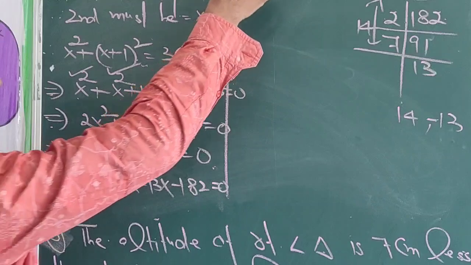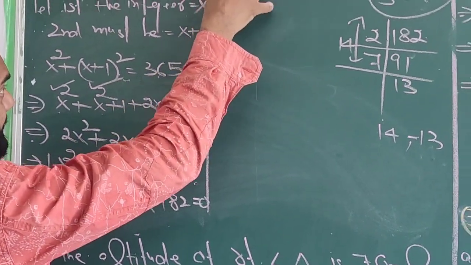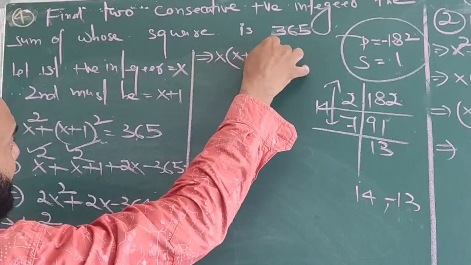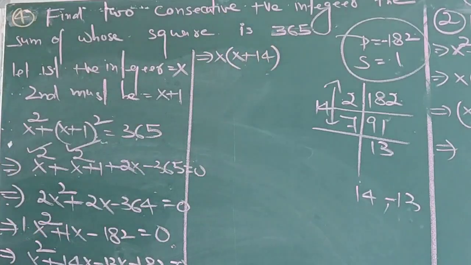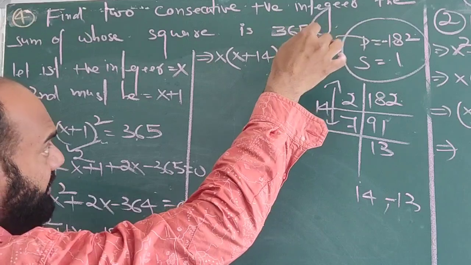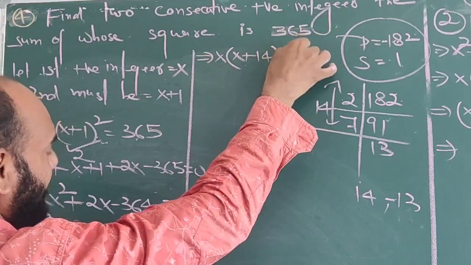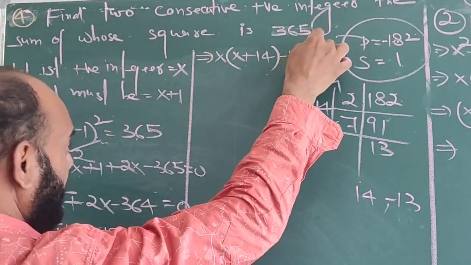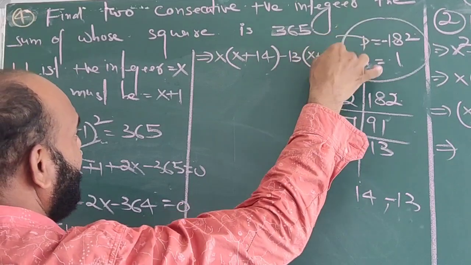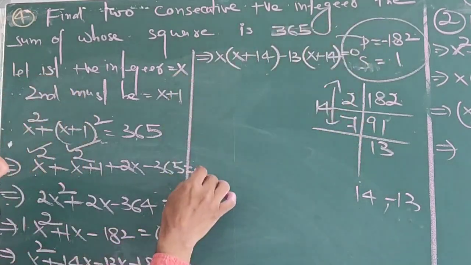Now taking x common from the first two terms, there is x plus 14, and minus 13 is common from the next two terms, there is also x plus 14, equal to 0.